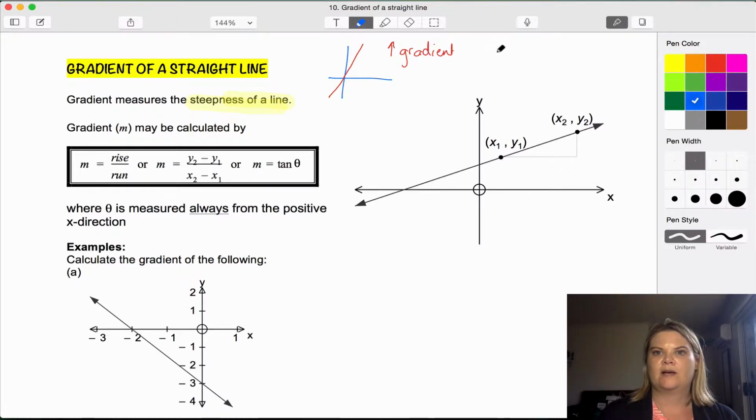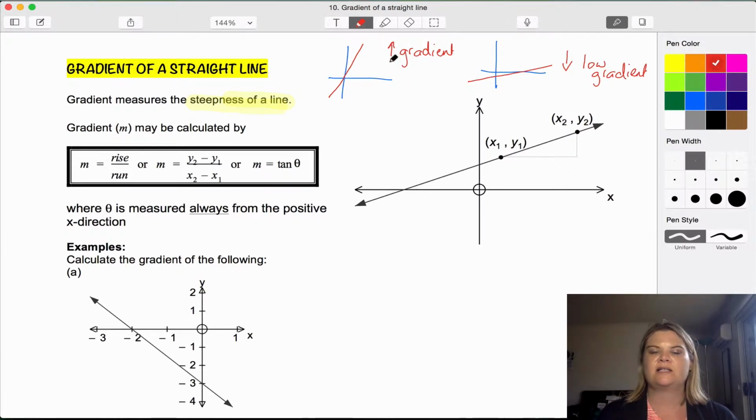And if we have a line that is not very steep at all, then that will have a low gradient, a low number for a gradient. It can be useful to think of it as if someone is walking up this hill from left to right, this would be hard, so it would be a high rating. If they're walking up this hill, it's pretty easy, so it's going to have a low rating.